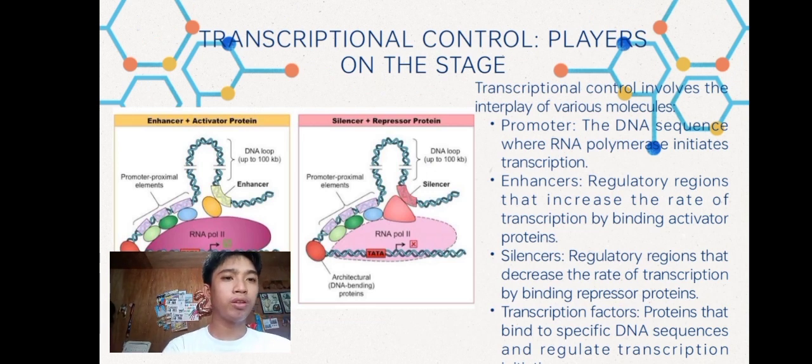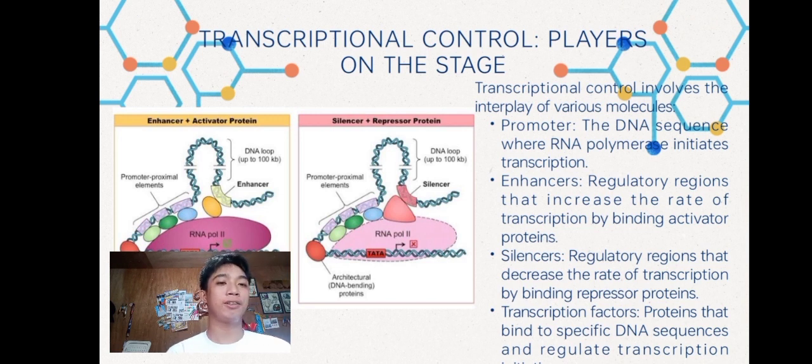So let us now proceed to the transcriptional control. So transcriptional control involves the interplay of various molecules. We have here the promoter. It is the DNA sequence where RNA polymerase initiates transcription. We also have here the enhancers, the regulatory regions that increase the rate of transcription by binding activator proteins.